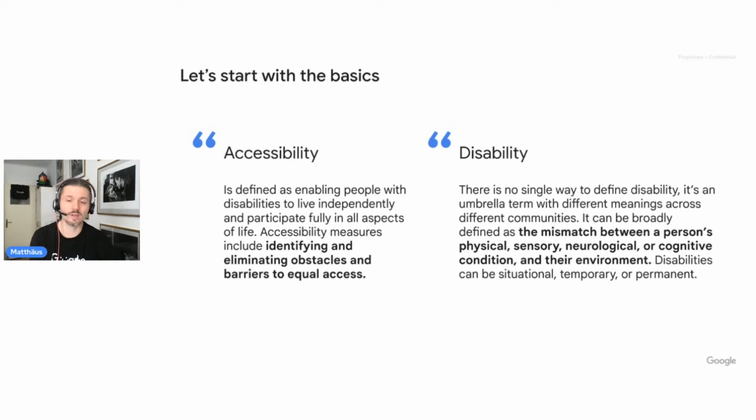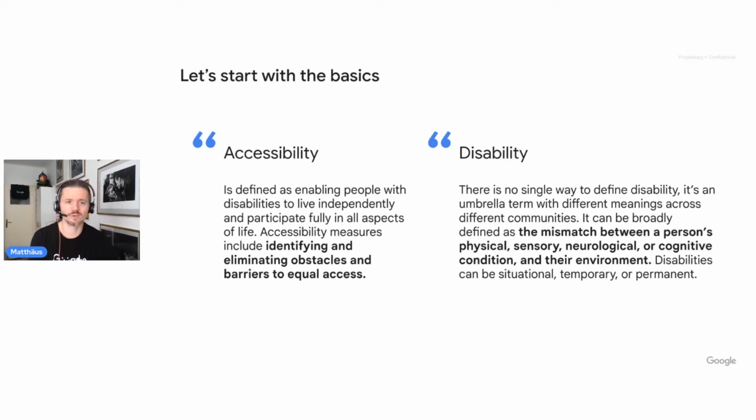And disability, well, there's not a single way to define disability. It has a lot of different meanings across different communities. It can be broadly defined as a mismatch between a person's physical, sensory, or cognitive condition and their environment. Disabilities can also be situational, temporary or permanent.